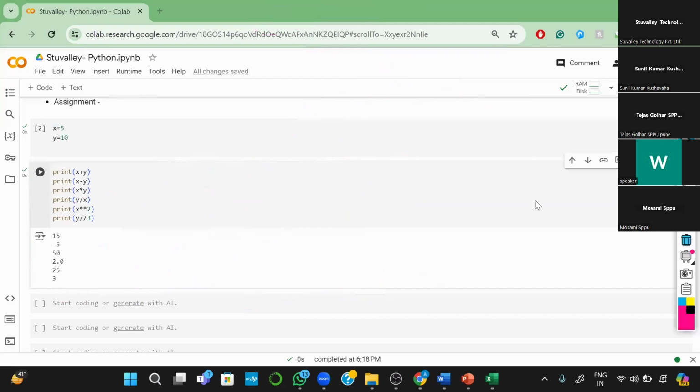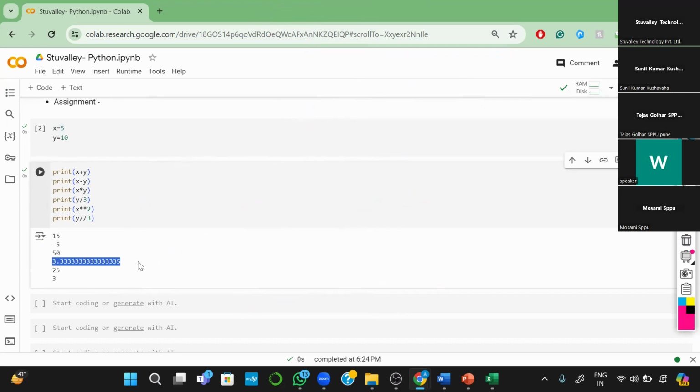It's 3. But in this simple division, there is a decimal point. Why? Because if I would have written y divided by 3, the output would have been different. The output would be 3.33333333. That's the actual division value it will give.